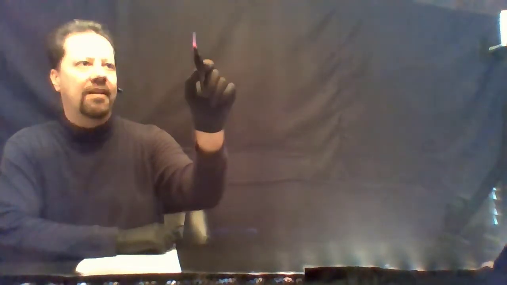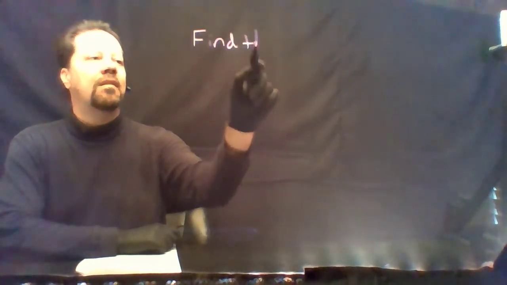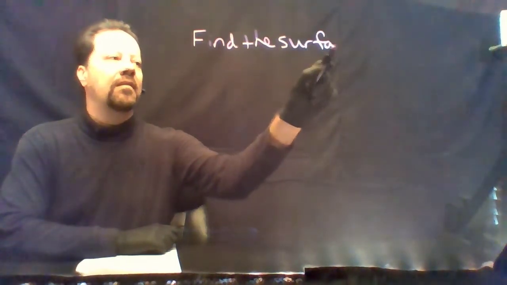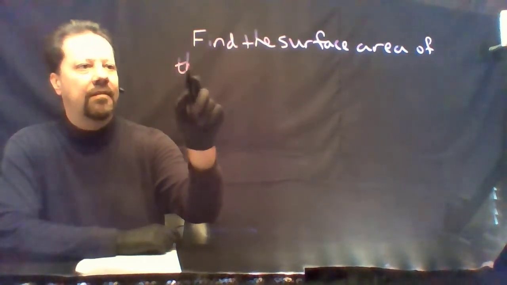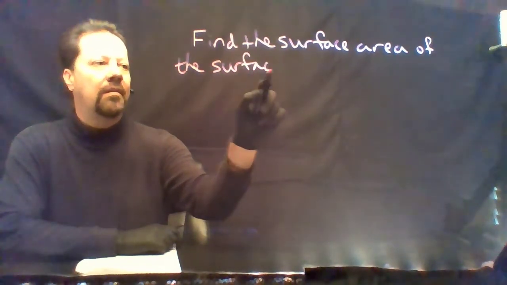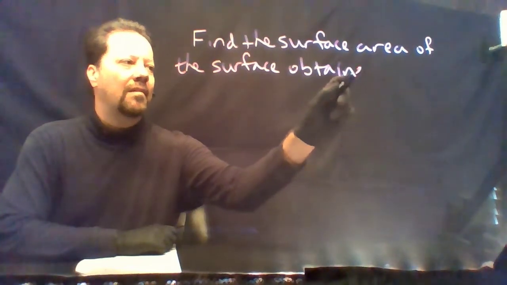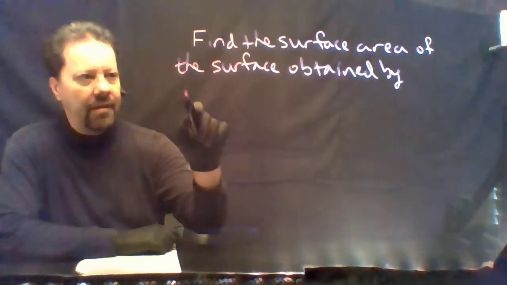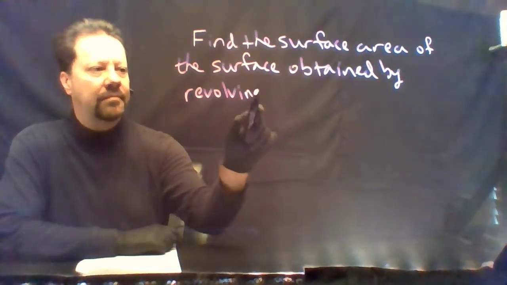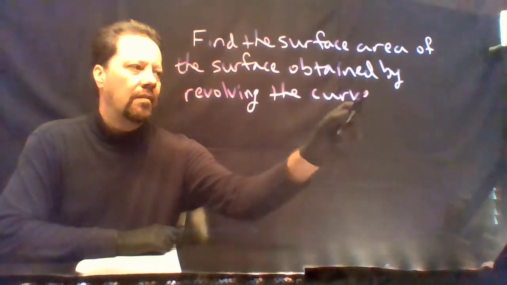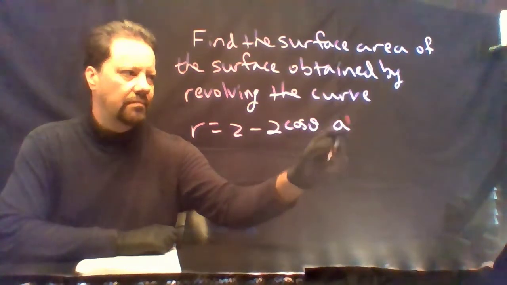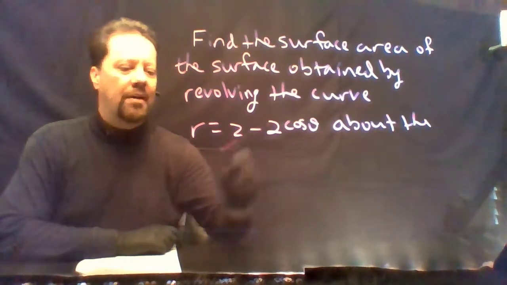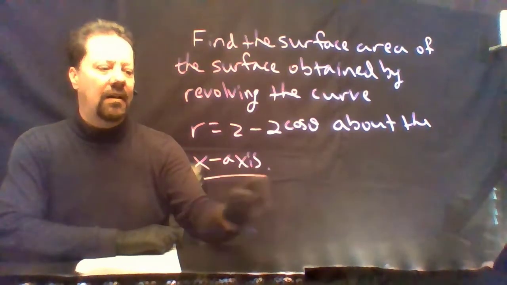We come to the final problem on the practice exam, and that is to find the surface area of the surface obtained by revolving the curve r equals 2 minus 2 cosine theta about the x-axis.